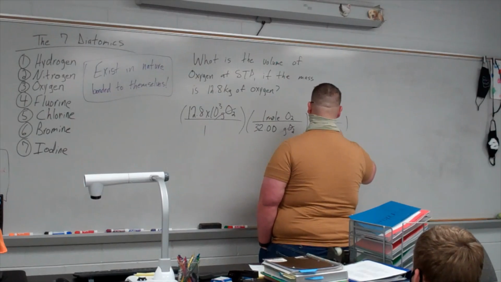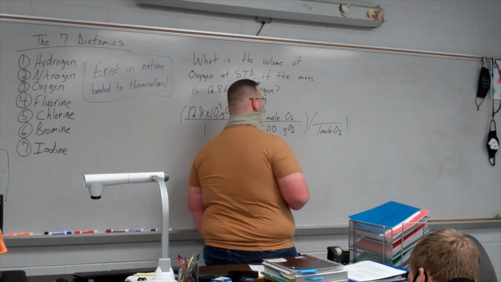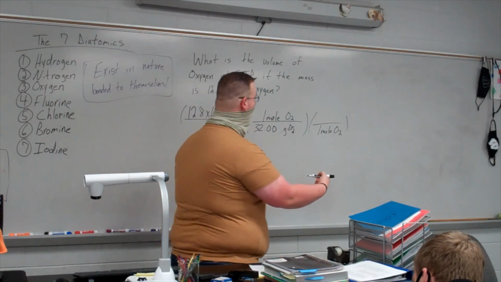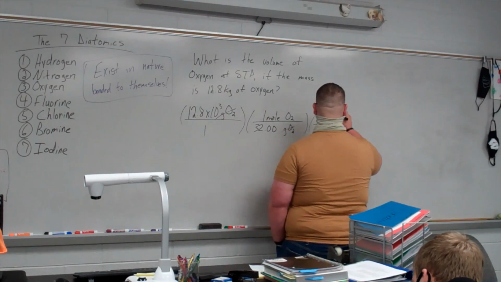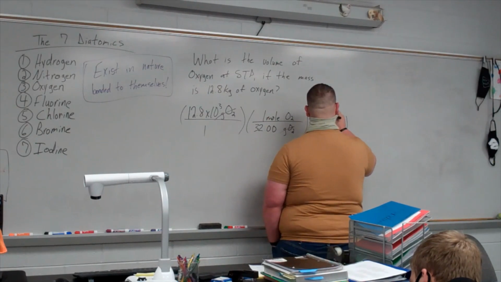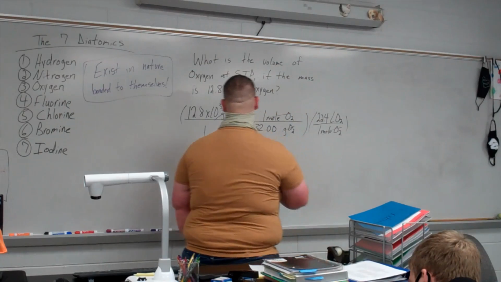Grams of O2 cancel. Set this up: 1 mole of O2 on the bottom, because I'm trying to get it to cancel. I need volume, so liters of O2 goes on top. So 22.4. Mole of O2 cancel.